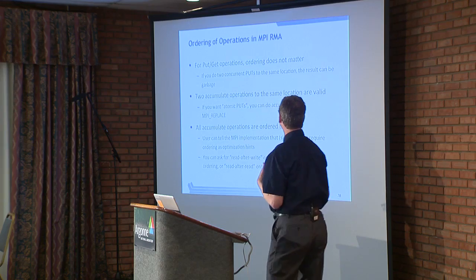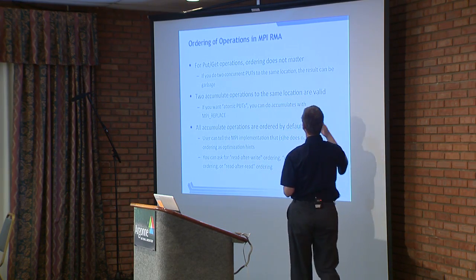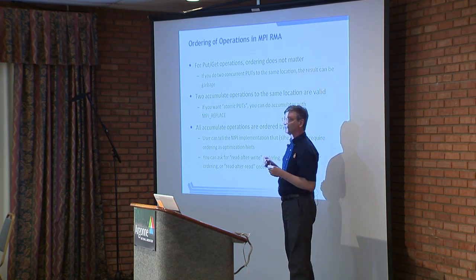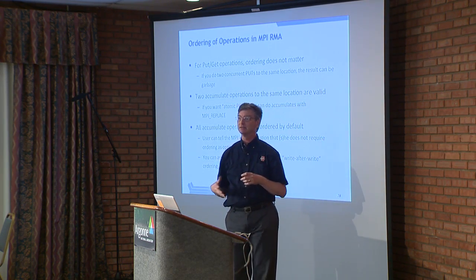Now, another thing is, one of the reasons why the ordering doesn't matter for put and get is, again, the MPI standard says that a program which has overlapping puts or overlapping gets or overlapping combinations of put and gets before you synchronize, well, in MPI 2, that was erroneous. That meant that the program could do an MPI error and fail.